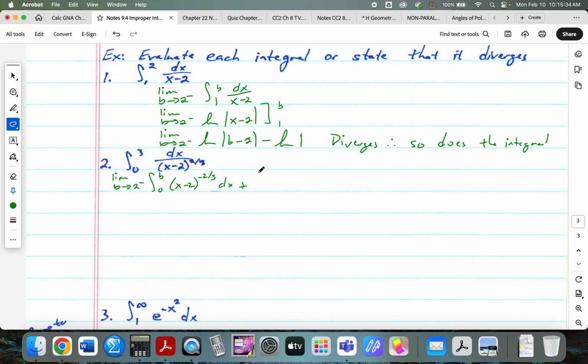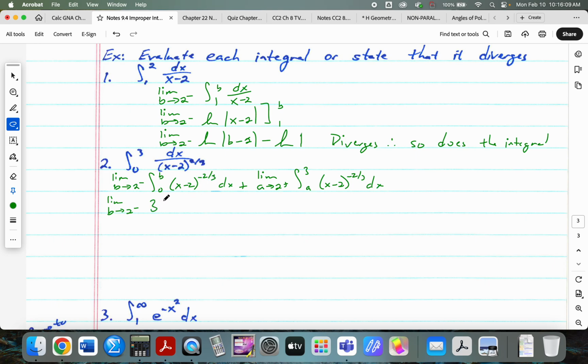plus the limit as a approaches 2 from the right of the integral from a to 3 of (x minus 2) to the negative 2/3 dx. So then this will be the limit as b goes to 2 from the left of, we'll add 1 to the power, that'll be to the 1/3 power, times the reciprocal is 3.